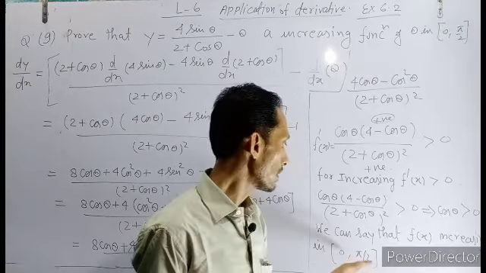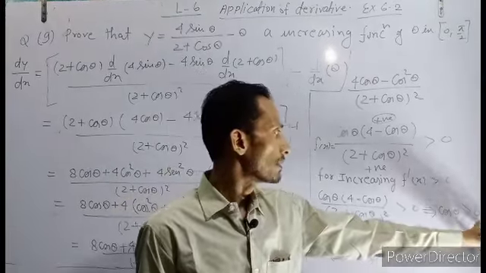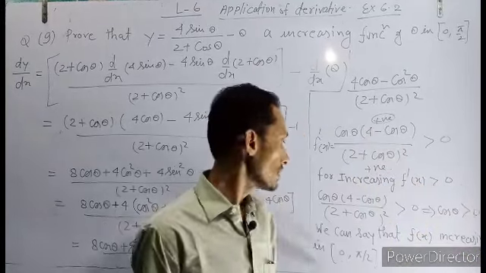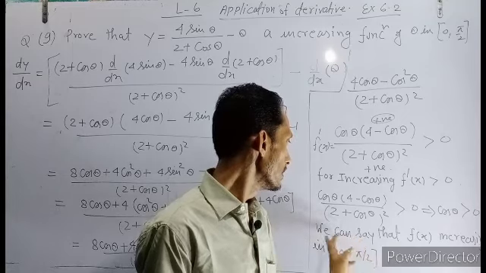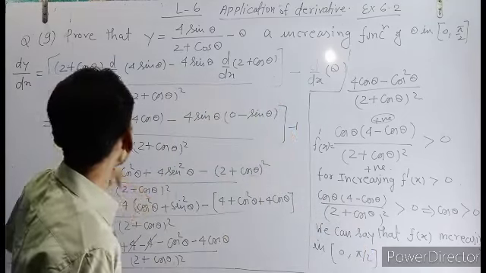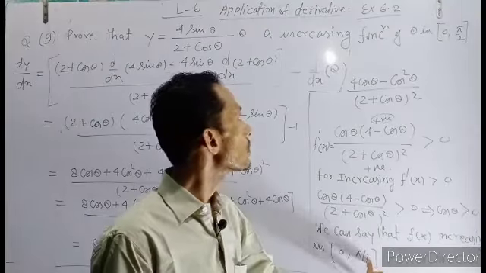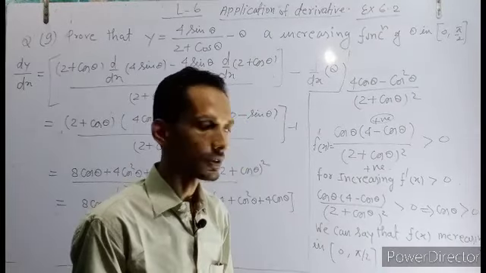You all know that cos theta is always positive in the first quadrant. First quadrant means 0 to pi by 2. So we can say that the whole function will be greater than 0, or an increasing function, in the interval 0 to pi by 2. Okay.